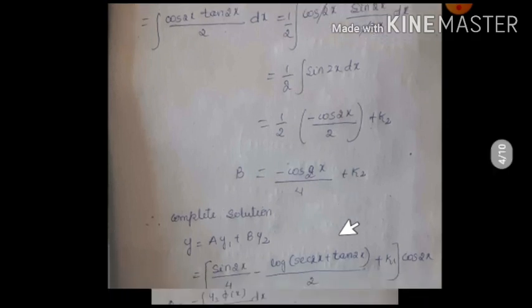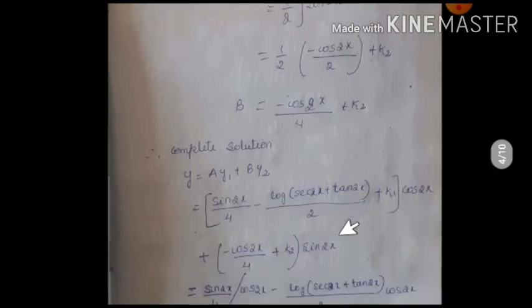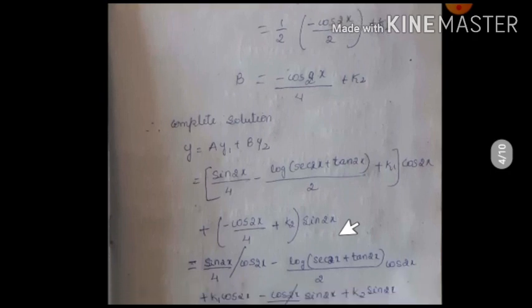Now we need to write the final answer. What is it? The complete solution. So what is the complete solution of the variation of parameter method? y equals A y1 plus B y2. So substitute the A value, then substitute the y1 value also, plus the B value along with k2, into y2.